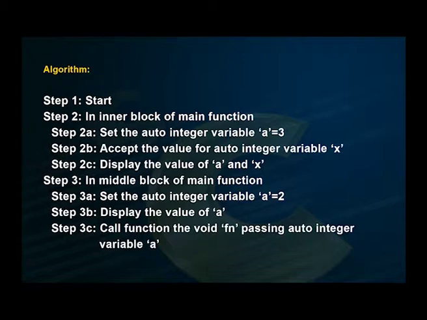Step 3, in middle block of main function, step 3a, set the auto integer variable a equal to 2. Step 3b, display the value of a. Step 3c, call the function void fn passing auto integer variable a.